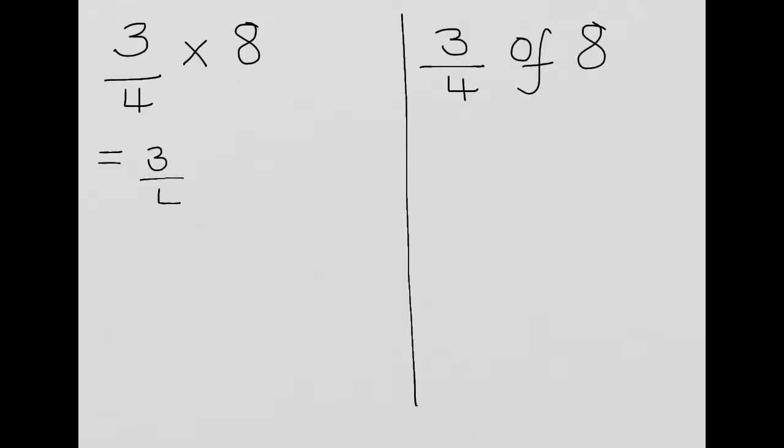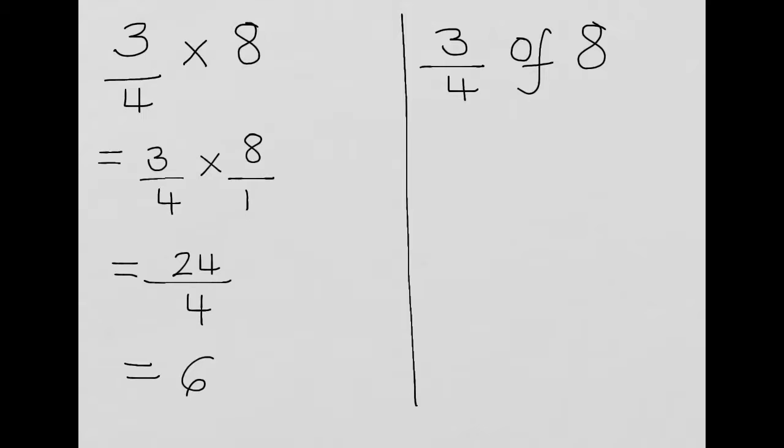And I could write 3/4 multiplied by, well, 8 as a fraction is 8 over 1. And if I just do the straight multiplying across and I don't simplify to start with, 3 times 8 is 24, and 4 multiplied by 1 is 4. Well, I can see that 24 is divisible by 4, and so my answer is 6.